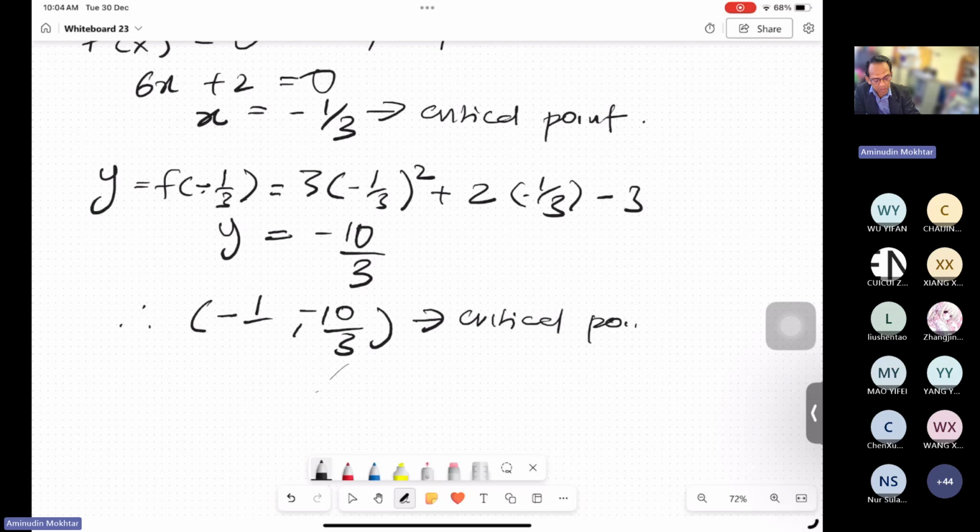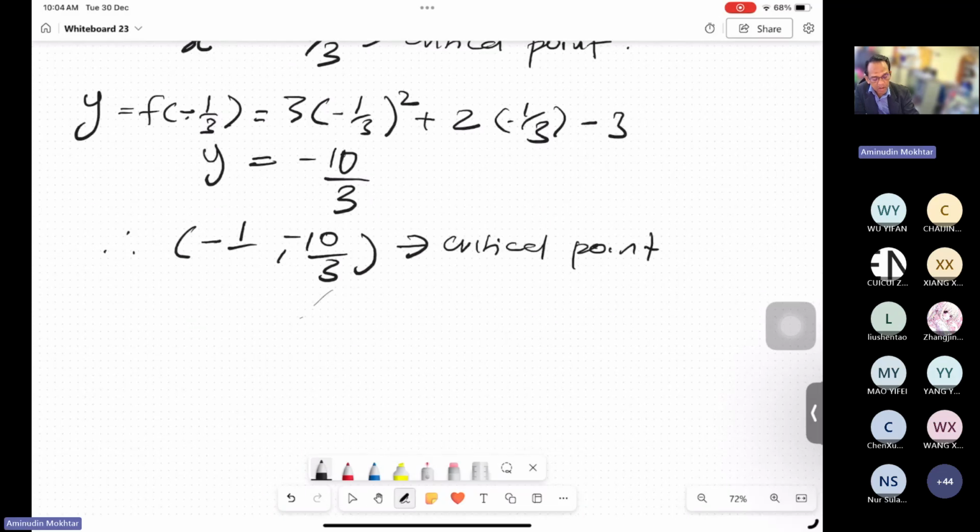At this critical point, the first derivative is equal to 0. Now we need to decide whether the critical point is a minimum point or maximum point.